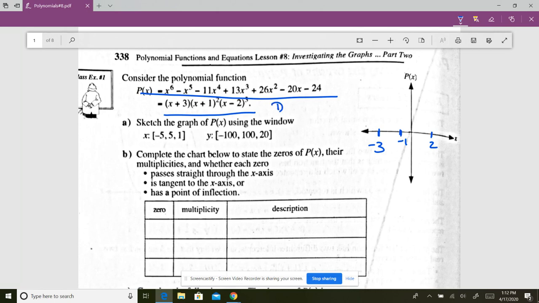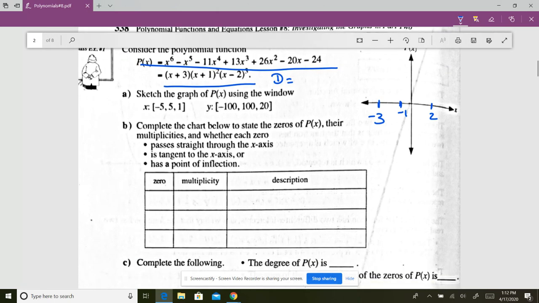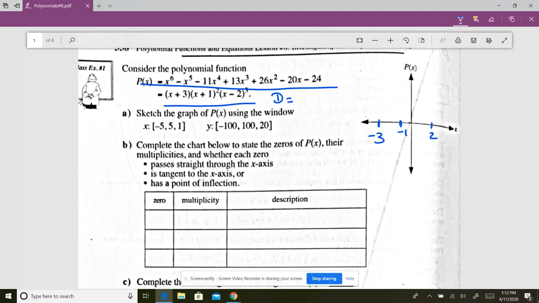The degree of this is what? Actually, yeah, what's the degree of this? Add the multiplicities. 1, 2, and 3. 1 plus 2 is 3, 3 plus 3 is 6. So it's degree 6.